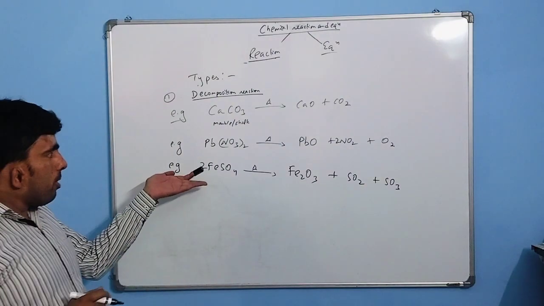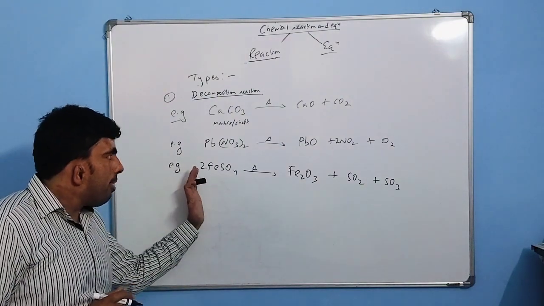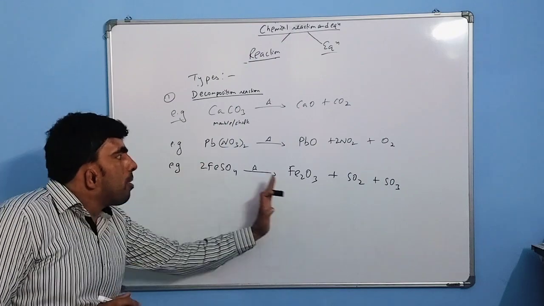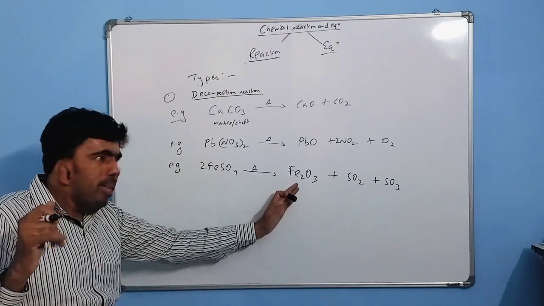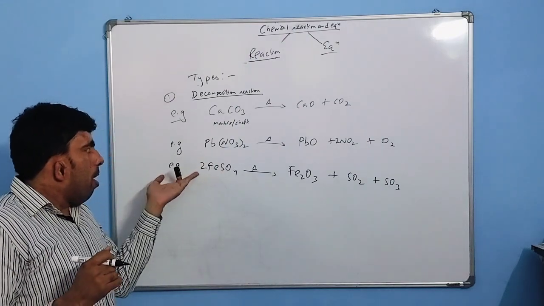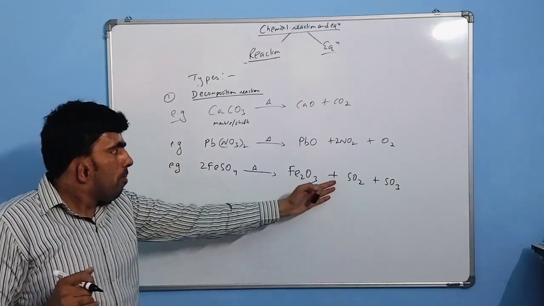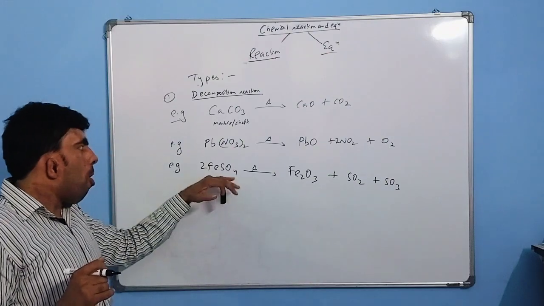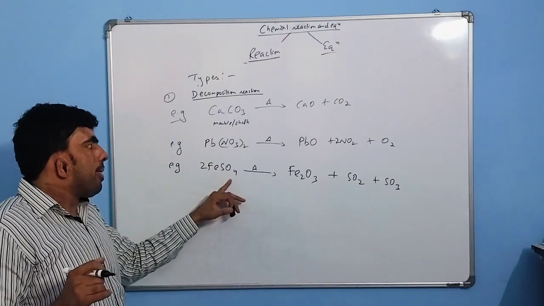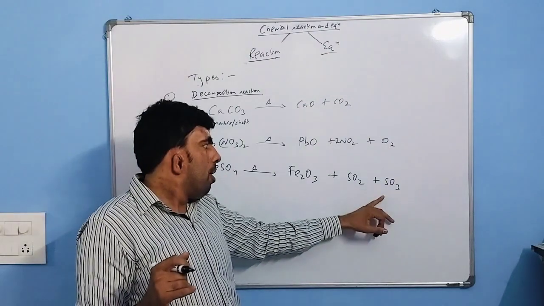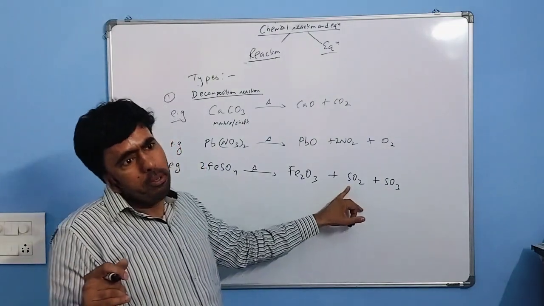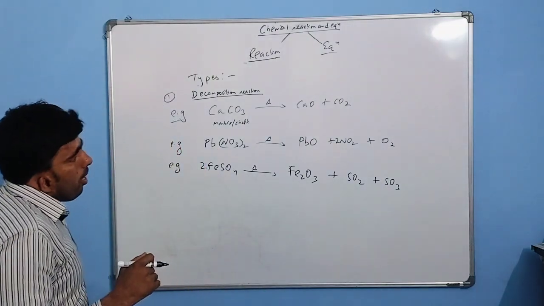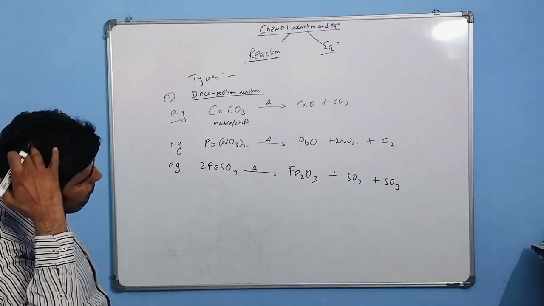Iron: on the left hand side we have 2 atoms, and on the right hand side we also have 2 atoms of iron. Sulfur: 2 atoms on the left, and on the right 1 plus 1, 2 atoms. Oxygen: we have 8 atoms, and here also 3 plus 3 plus 2, 8 atoms. So that is how we can write this.